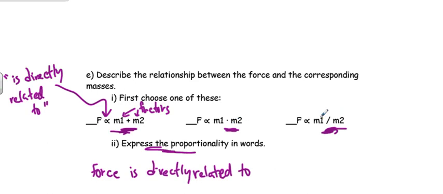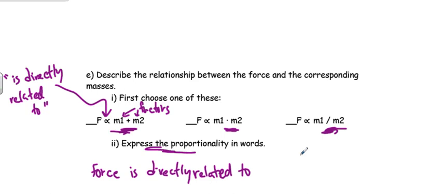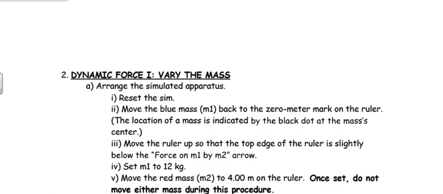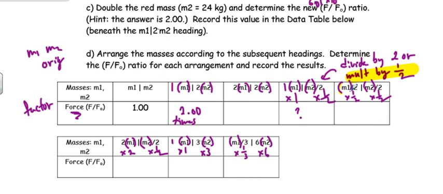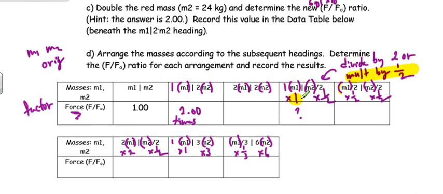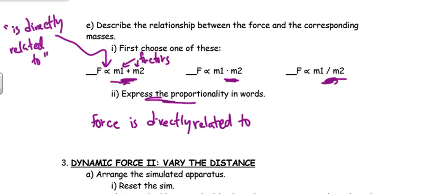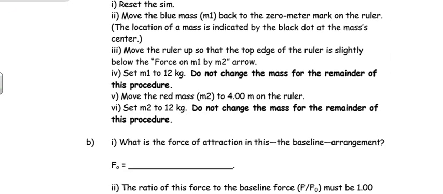Or do I take that first one, 1, and divide it by 2? So which one will give me the force factor? So basically, what do I do to these numbers to get this? That'll help you figure out what the relationship is here. Okay? So that's what you do for the first one.